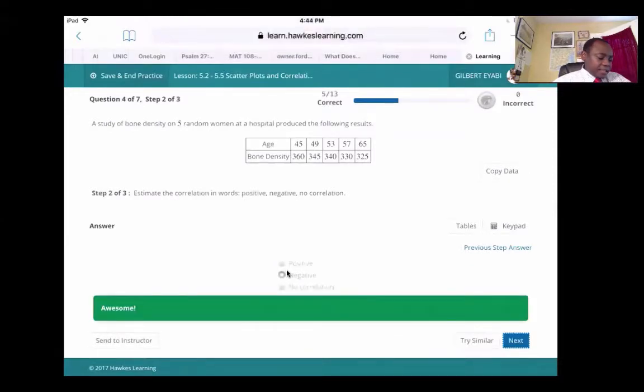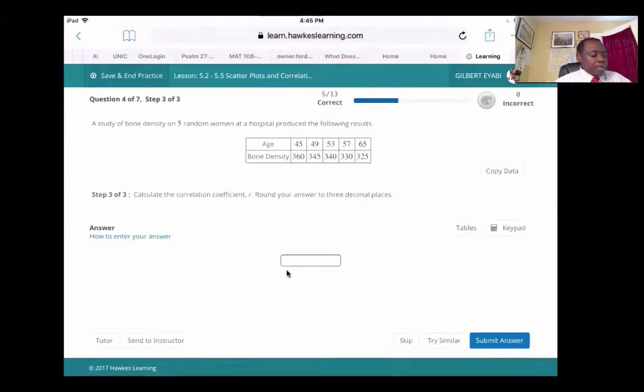And then the next thing would be calculate the correlation coefficient. That's all you have from the first part of chapter 5, the scatter plot and the correlation coefficient. Now let's do the correlation coefficient one more time. Then we'll move to the second part of chapter 5 that deals with regression. Again, let's take down these points so we don't forget.